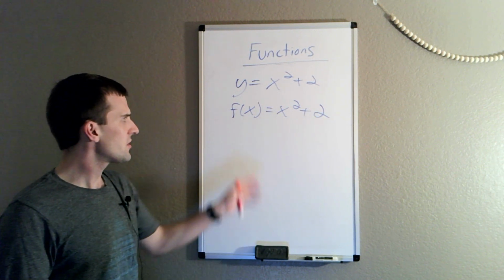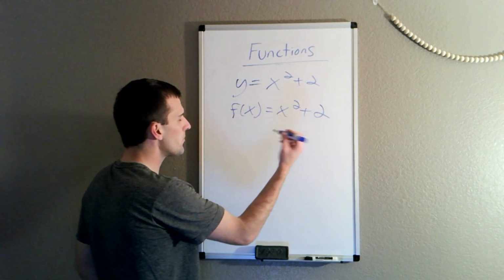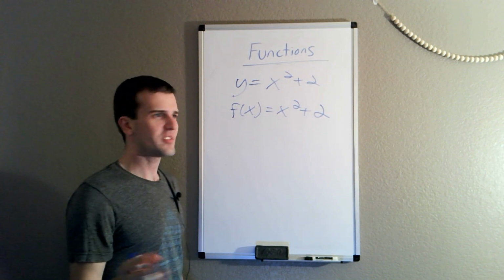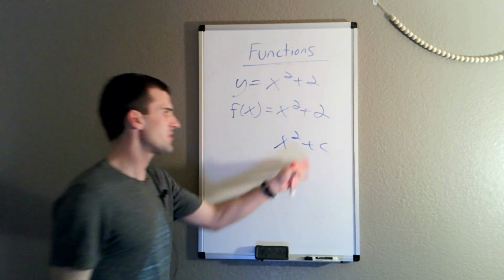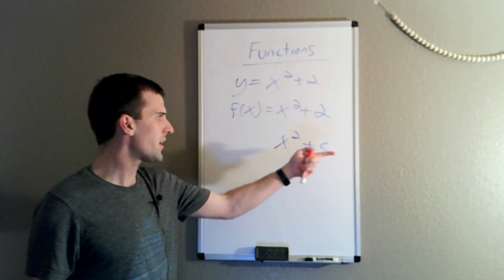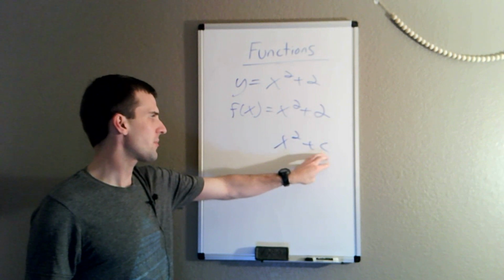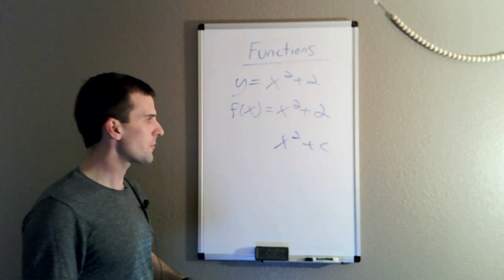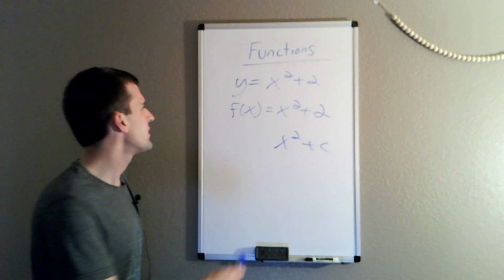So in calculus, when we get to integration, we'll see a lot of functions ending with something like plus c. So we'll have like x squared plus c. And you'll understand why in future videos, but for now, just accept that you're going to start seeing extra letters representing very important concepts, but extra letters in different functions.